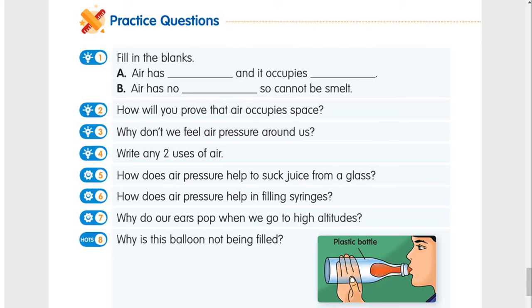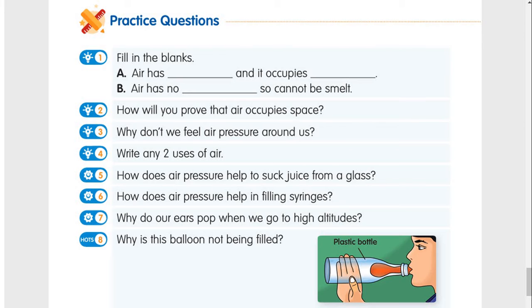Next question. Why is this balloon not being filled? There's a picture, isn't it? In that, why is the balloon not being filled? What do you think? Actually, the plastic bottle does not empty, right? Air is present in that bottle. So, that balloon is not being filled.